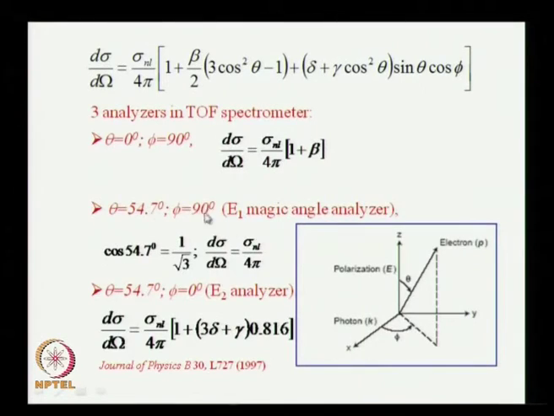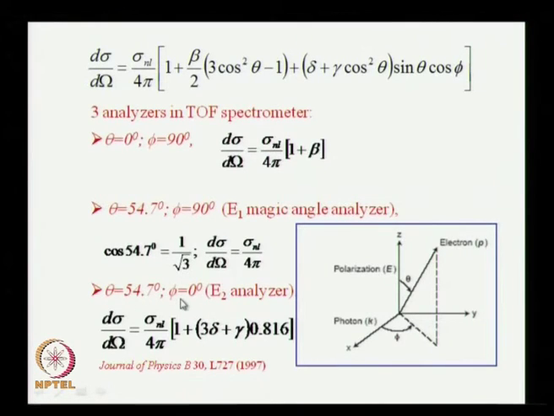But in the relativistic expression, you will have the kappa quantum number, which we have discussed, rather than the L quantum number, and at this magic angle you can get the total cross section by carrying out measurements just at this angle.